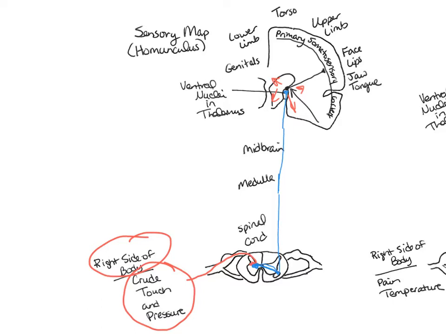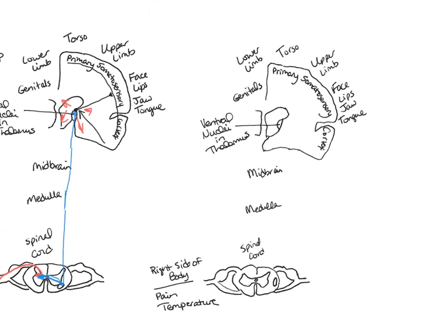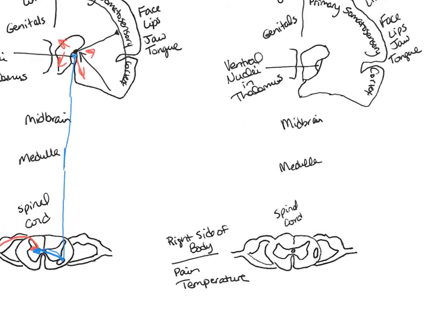That's where the thalamus determines what the modality is, because it's receiving it from that tract. And then that third order neuron is localizing it, telling you where it's coming from. Okay? All right, so then let's look at the lateral spinothalamic pathway.